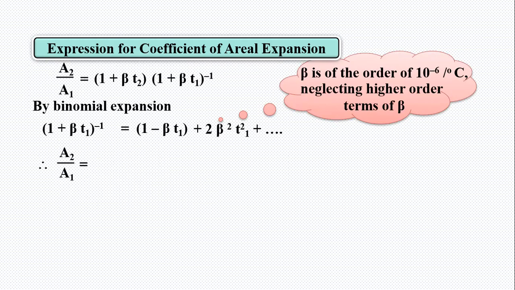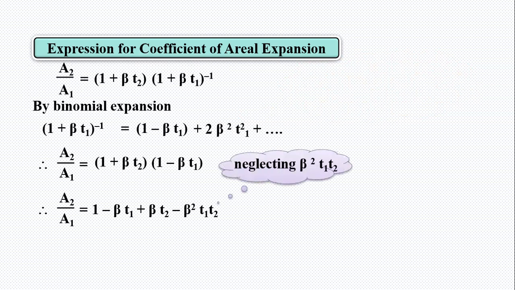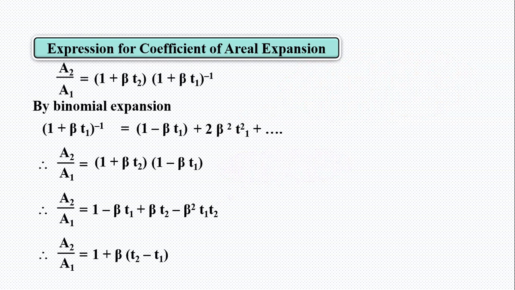So we write here A2 upon A1 is equal to 1 plus beta T2 into 1 minus beta T1. So A2 upon A1 is equal to 1 minus beta T1 plus beta T2 minus beta square T1 T2. Now beta square, that is higher orders, are neglected. So A2 upon A1 is equal to 1 plus beta, taken common, into the bracket T2 minus T1.